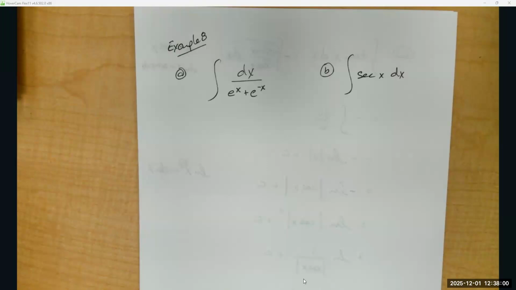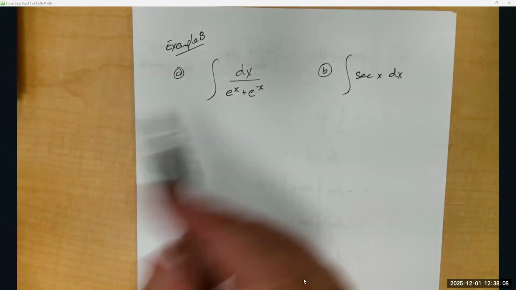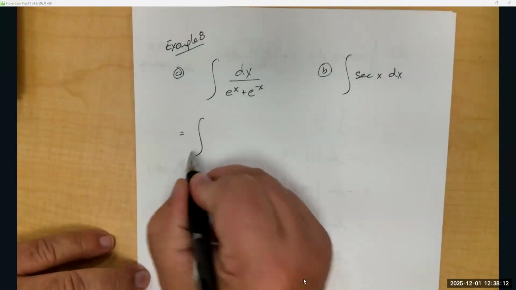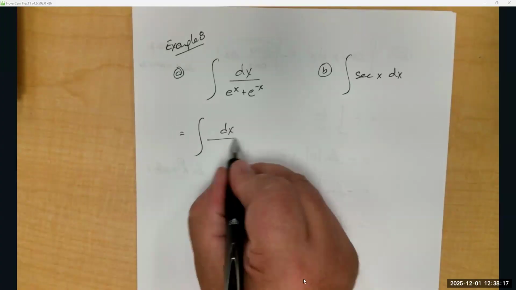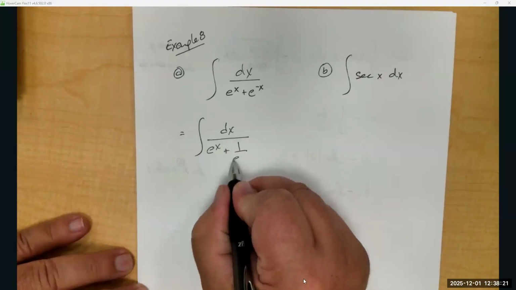Well, we couldn't, because if we did that, we couldn't do it on the bottom just yet. What this one gives us trouble is what this one looks like: e to the x plus 1 over e to the x.